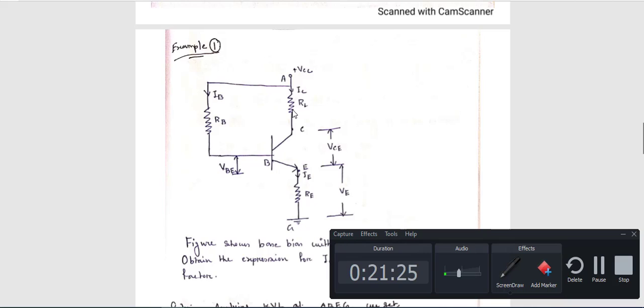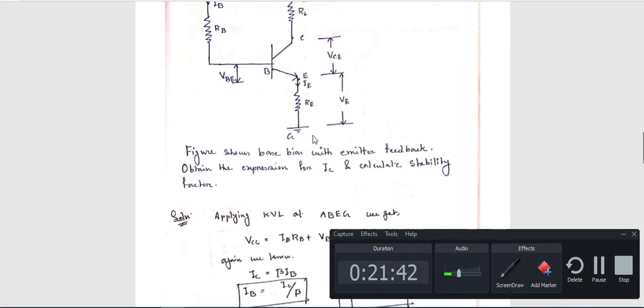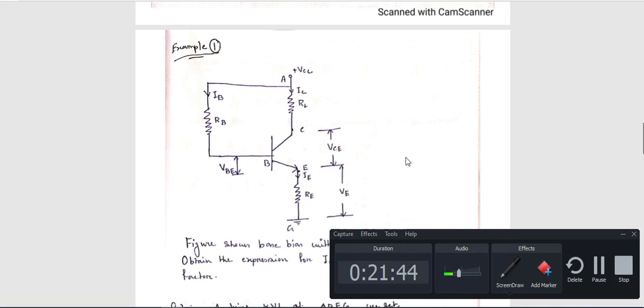Now see, here there is a loop. Suppose this is node A, this is node B. Considering the current direction, here A, B via E via G. Now if you apply KVL here, what is the KVL?